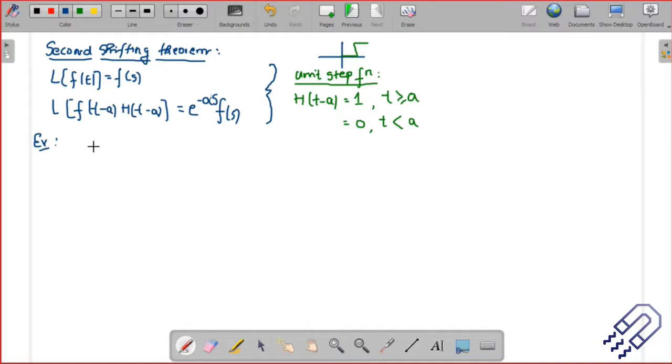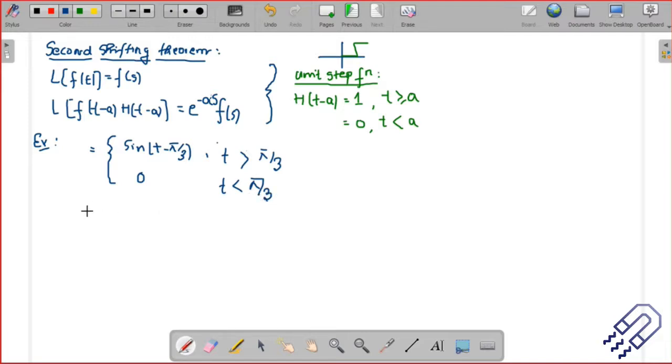Let's say we have the function f of t equal to sine of t minus pi by 3, and I think you can judge now that pi by 3 is a here, and this will be valid for t greater than pi by 3, and 0 for t less than pi by 3.